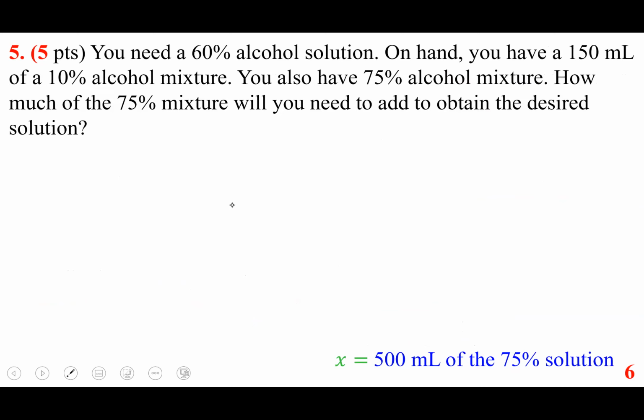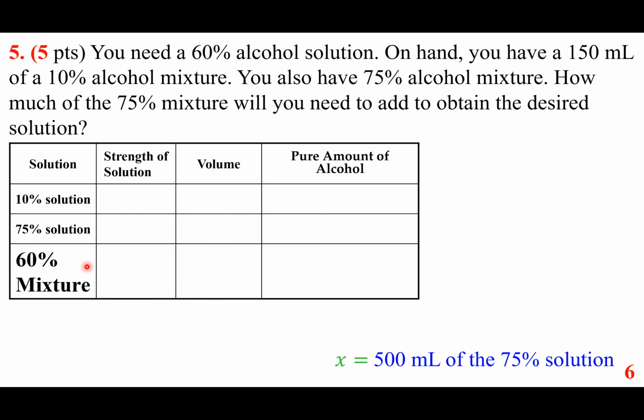Perfect. So we need the mixture to be 60%, and we have 10% as well as 75% we want to mix. So here's the setup. We have 10%, we have 75%. When we mix them, the result must be 60%. By the way, this number must always be between the two, and it is.